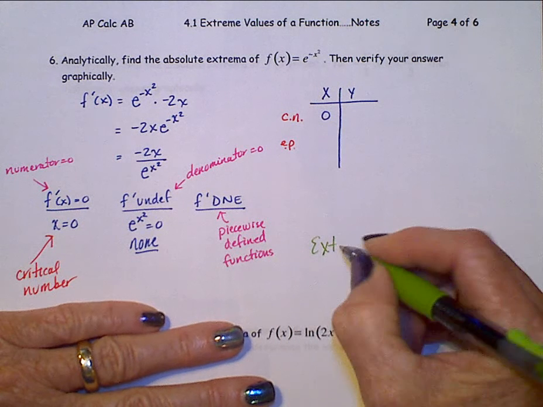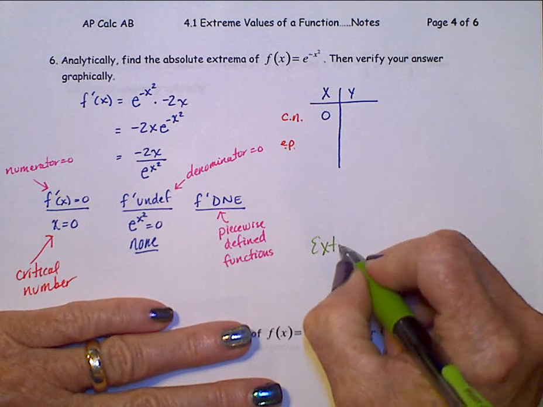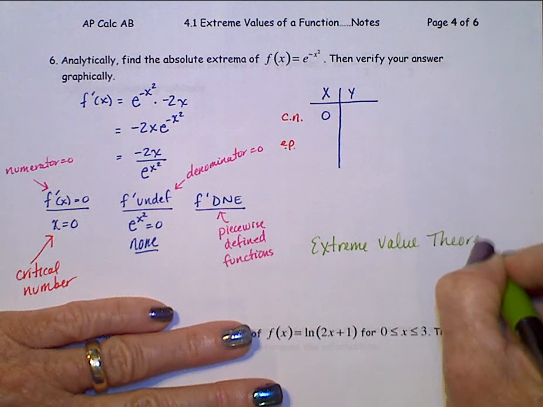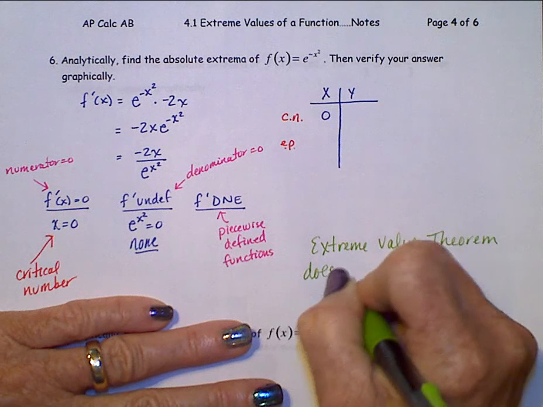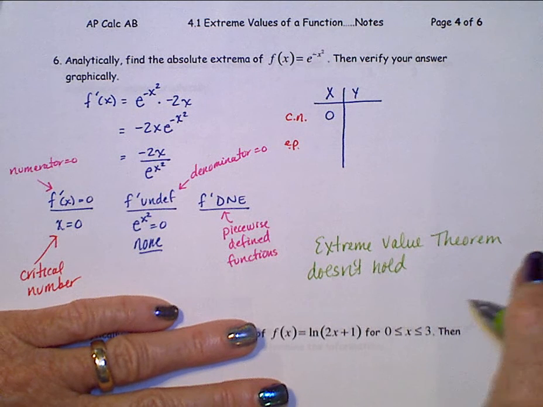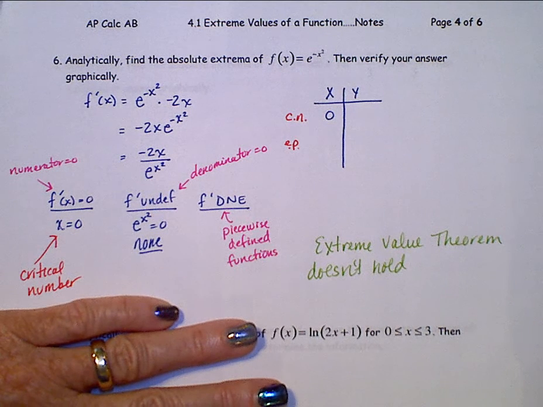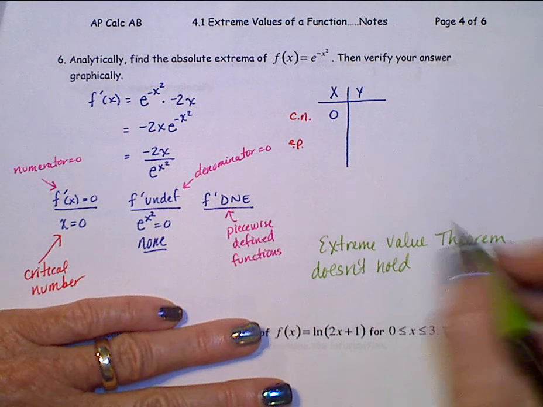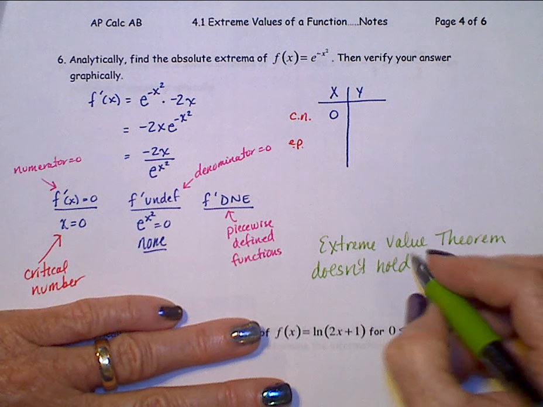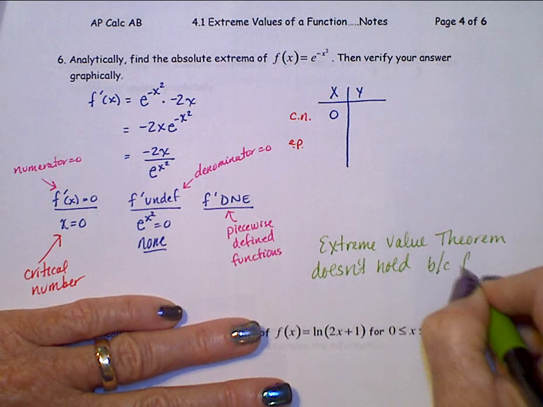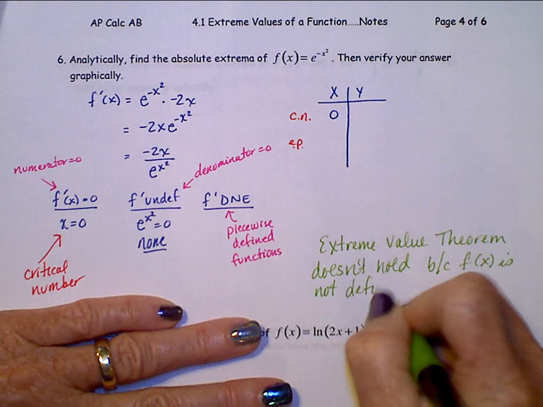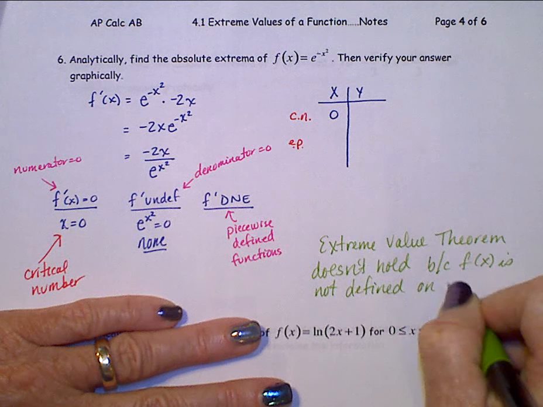One is that the extreme value theorem doesn't hold. That means that the initial conditions are not satisfied, which means it has to be on a closed interval. That function has to be continuous on a closed interval. The initial conditions aren't satisfied, so we say the extreme value theorem doesn't hold because f of x is not defined on a closed interval.